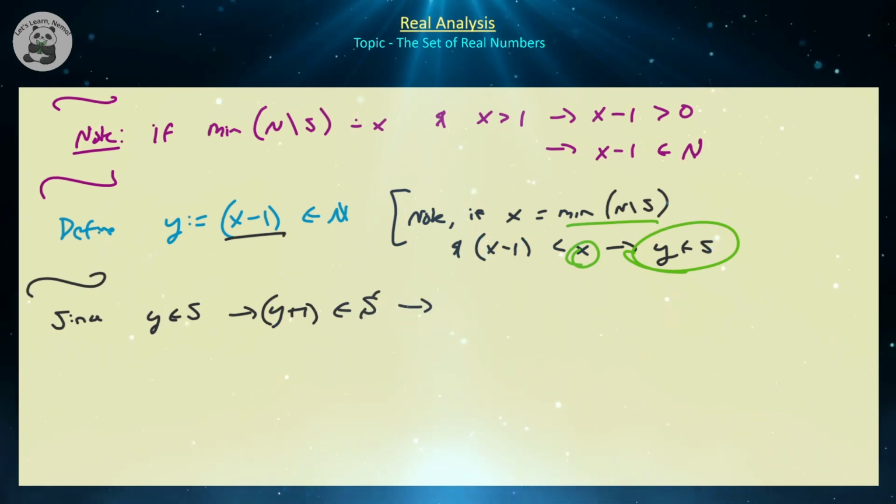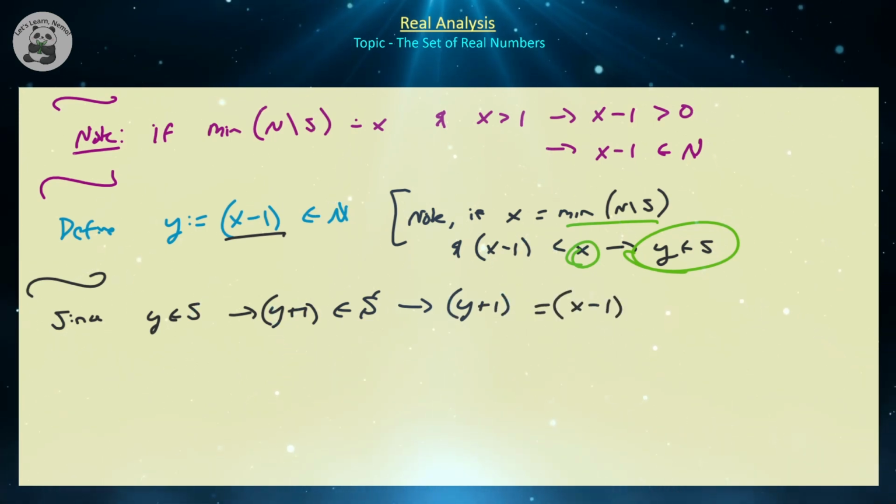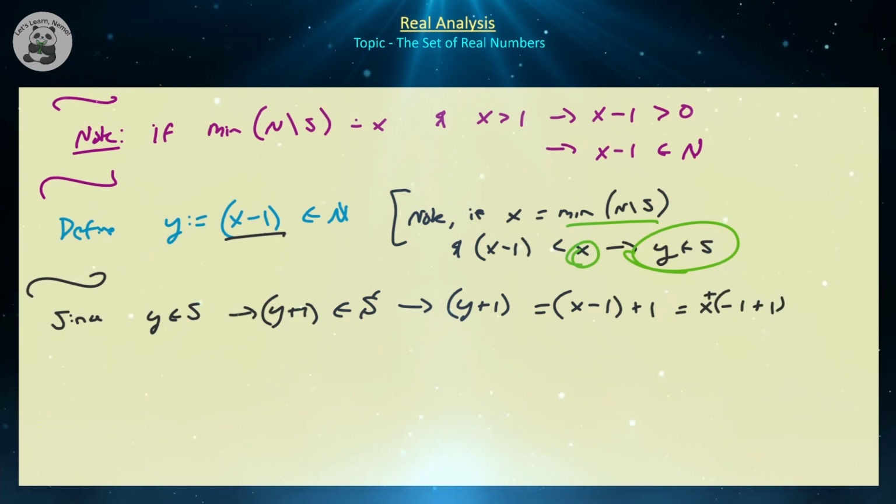So y plus 1, well, what is y? y is just x minus 1 by definition, plus 1. So what's x minus 1 plus 1? Well, they're additive inverses, so that's just going to be equal to x. And since y plus 1 is an element of S, that implies that x is an element of S.